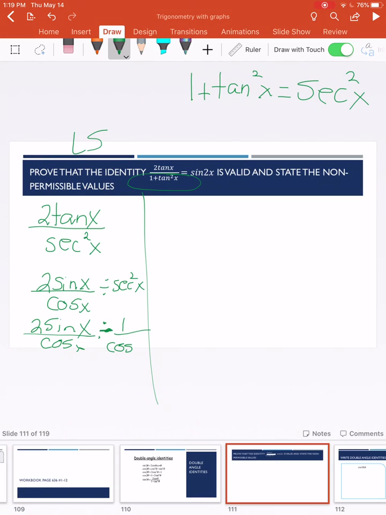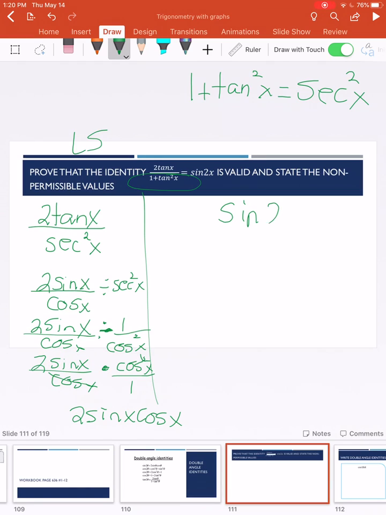That should still be a division statement, so now I can multiply by the reciprocal, and I end up with cosine squared x over 1. I can cancel a cos x out of both the numerator and the denominator, and I'm left with 2 sine x cos x. Now, when you look at those identities that we just posted on the last slide, you can see that sine 2x is the same as 2 sine x cos x. So we have the same on the left side and the right side, so we have proved that the left side is equal to the right side.